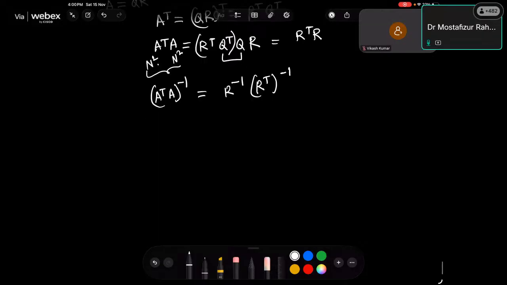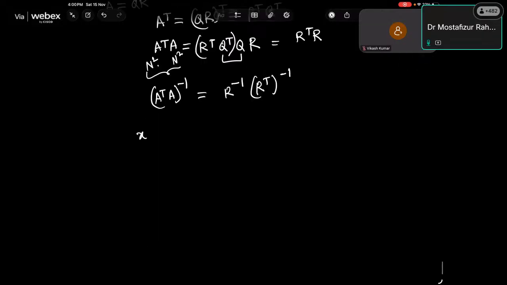So altogether, I can write this equation x hat equals A transpose A whole inverse A transpose y.